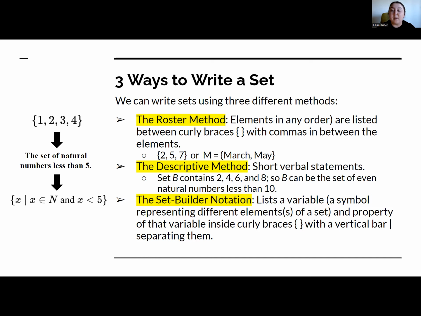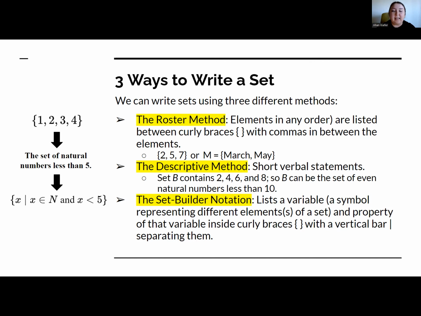All right, then we have the set builder notation. Set builder notation is the most statistical way that we actually write sets. The set builder notation lists a variable, most commonly X, sometimes Y, sometimes another letter, but most commonly X. It lists a variable, a symbol representing different elements of a set.